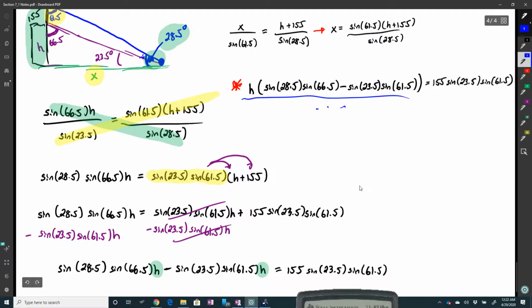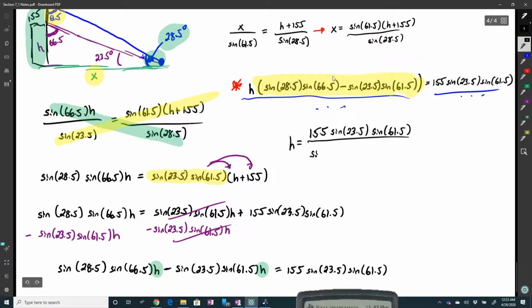So your final answer is h is equal to 155 sine of 23.5 sine of 61.5, all divided by that stuff that was next to h, all of this.